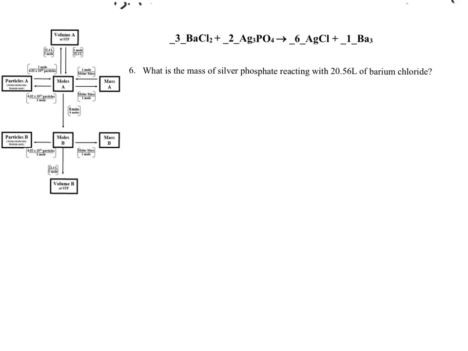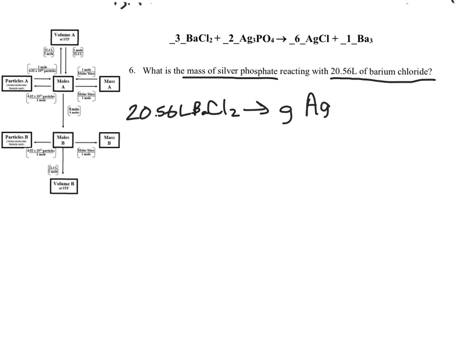All right, let's do our last example, number 6. We want to know what the mass of silver phosphate is that reacts with 20.56 liters of barium chloride. Okay? So if I have 20.56 liters of barium chloride, and I want to know what the mass is of the silver phosphate, Ag3PO4.